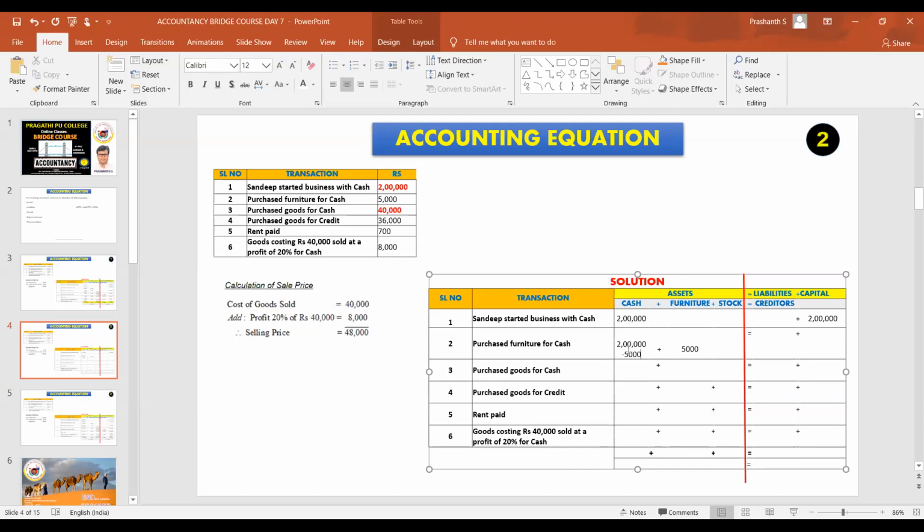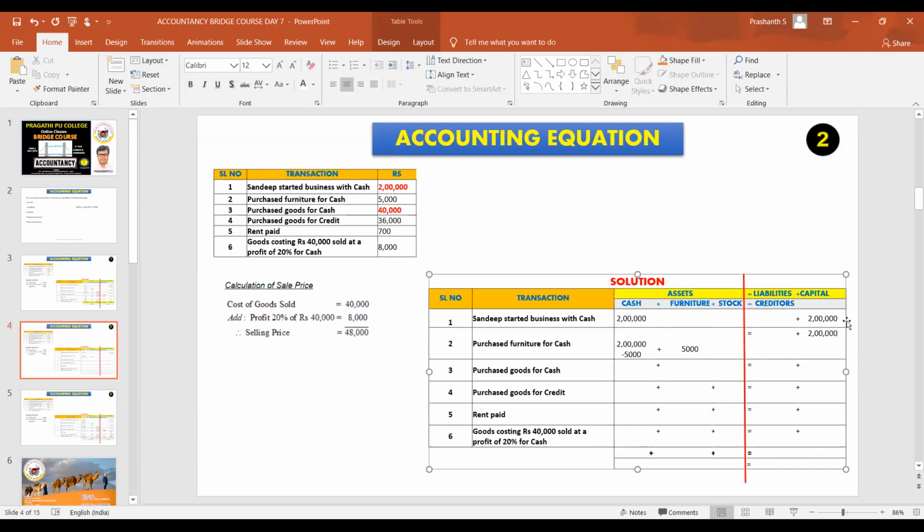Why are we using minus 5,000? Because we are removing 5,000 cash from the 2 lakh rupees and buying the furniture. So that's why it is 2 lakhs minus this, correct? Yes, sir. Here how much should this be? It should be the same, 2 lakhs.